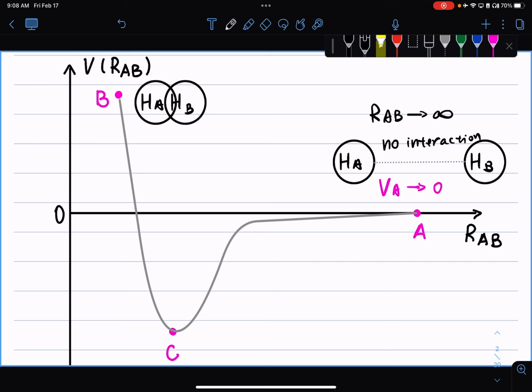The nuclei are positively charged, they don't want to be close to each other. So here RAB is approaching zero. And here, our VA, well, VB, that's point B, will approach infinity. And the reason here is because of the nuclear repulsion.